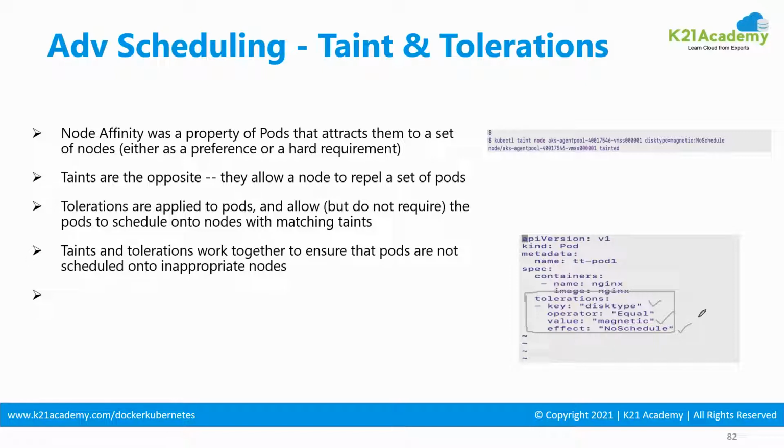Wherever you find a node whose effect is NoSchedule, do not schedule any pod, and the label used is disk type equal to magnetic. If this particular tainting information is there, then deploy the pod on this one, where this toleration condition exists.